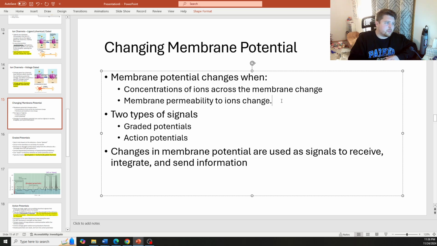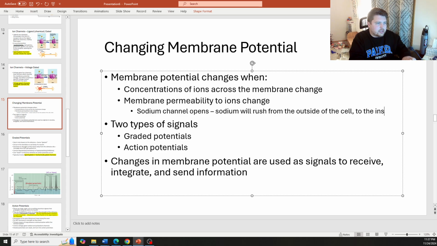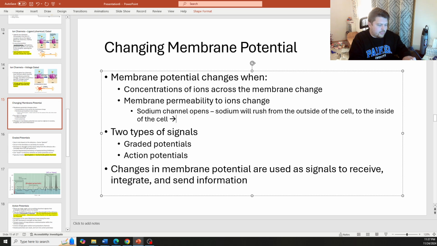Permeability is talking about how easy it is for ions to come across. For example, if a sodium channel opens, sodium will rush from the outside of the cell to the inside of the cell. This would say we are increasing permeability to sodium.